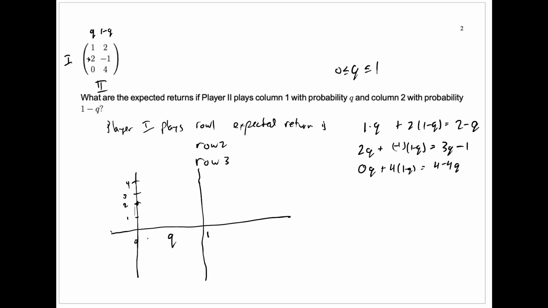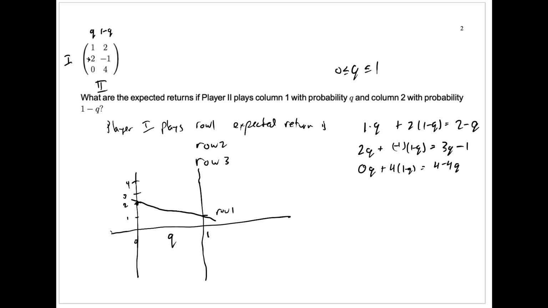When Q is 0, we're up here at 2. When Q is 1, and I know the scales are different on the two axes, that won't make a difference here, we're down at 1. So 2 minus Q looks like this line here. And I'll mention this is row 1.